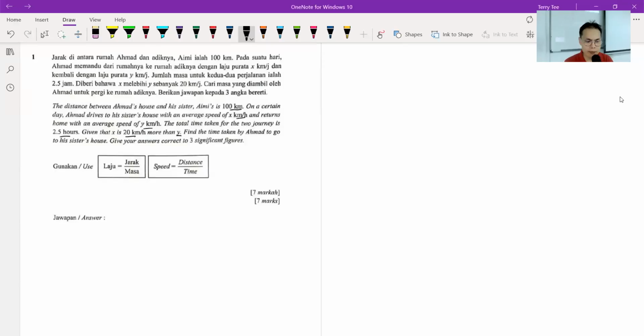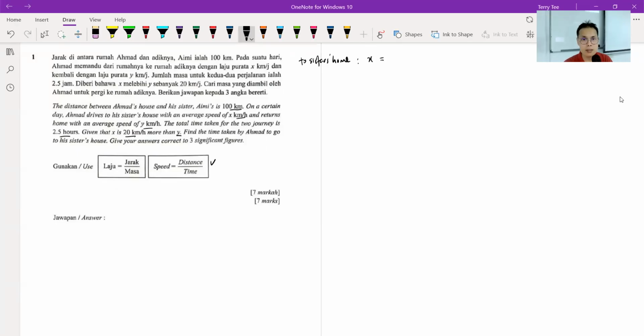Okay, so first of all, I think we have to form two equations. Now understand this, we have to use speed equals distance over time here. From his house to his sister's house, we know the average speed is X, and speed equals distance over time.